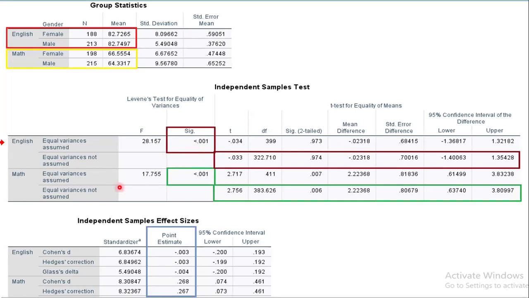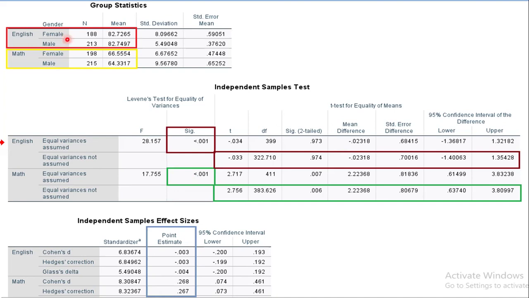In the second case, in the mathematics case, again the assumption is violated. So we will take the p values, the sig value of the second row, and you can also see the point estimate. So how can we interpret these values?